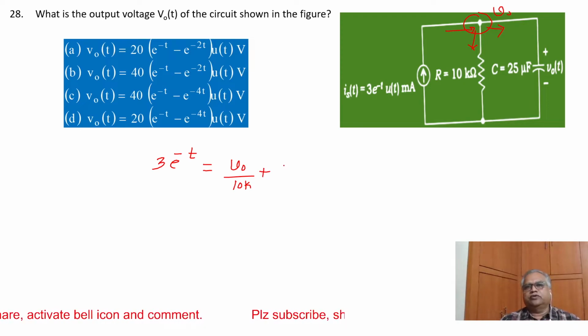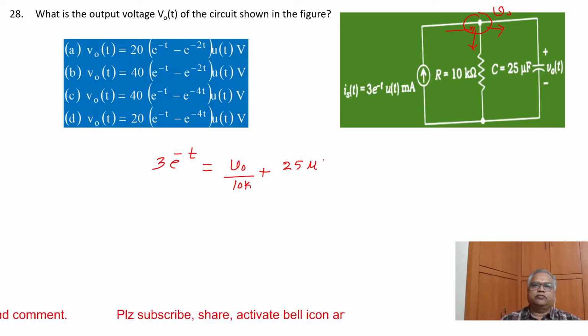Current flowing through the capacitor is C dV by dt, 25 micro and dV0 by dt.